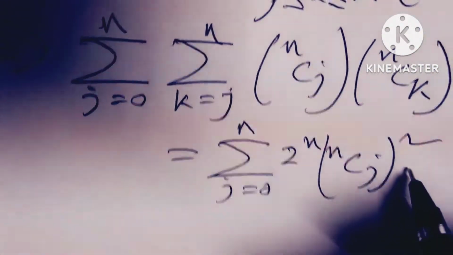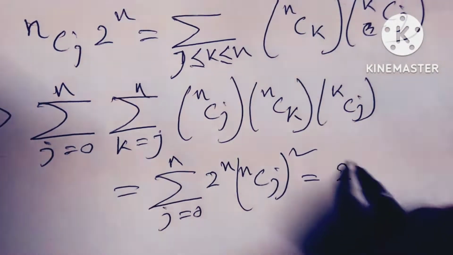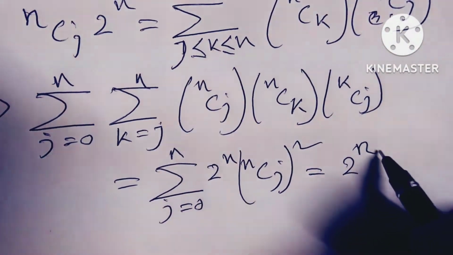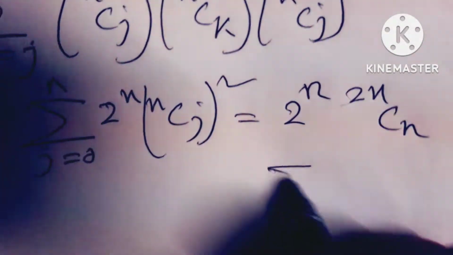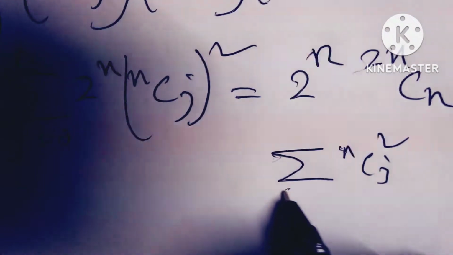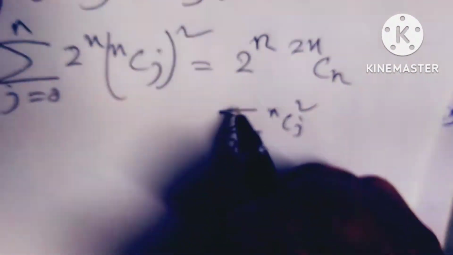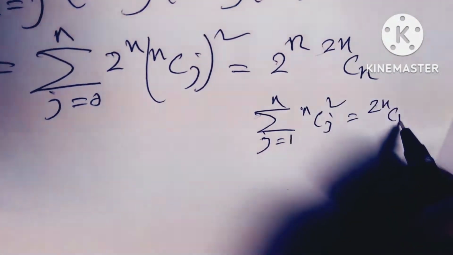So friends, this value is equal to 2 to the power n times C(2n,n), because summation of C(n,j) whole square, j equals 0 to n, equals C(2n,n).